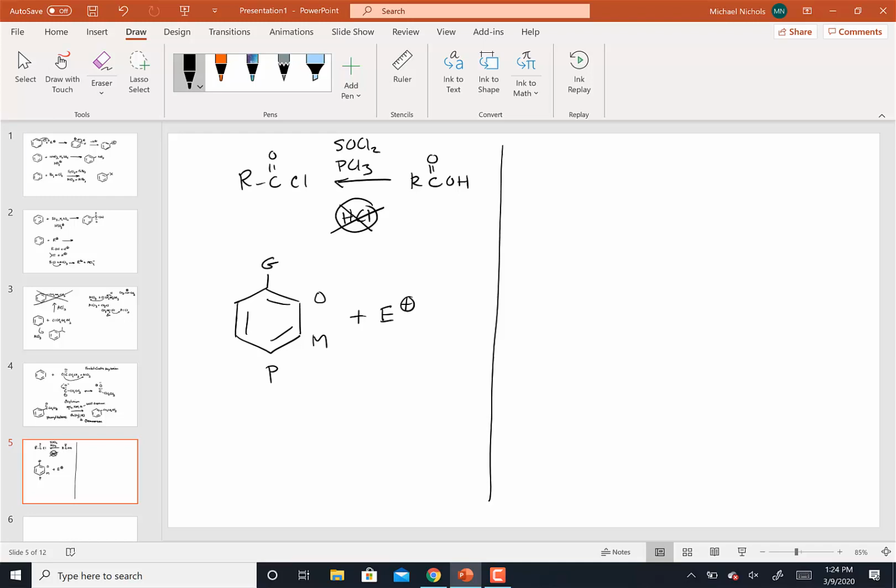If we replace different groups on the benzene ring, we measure how fast the reaction is. If you want it to react faster, push electron density into the ring and make it more electron rich. If you want it to react slower, take electron density out of the ring. Electron donating, electron withdrawing.